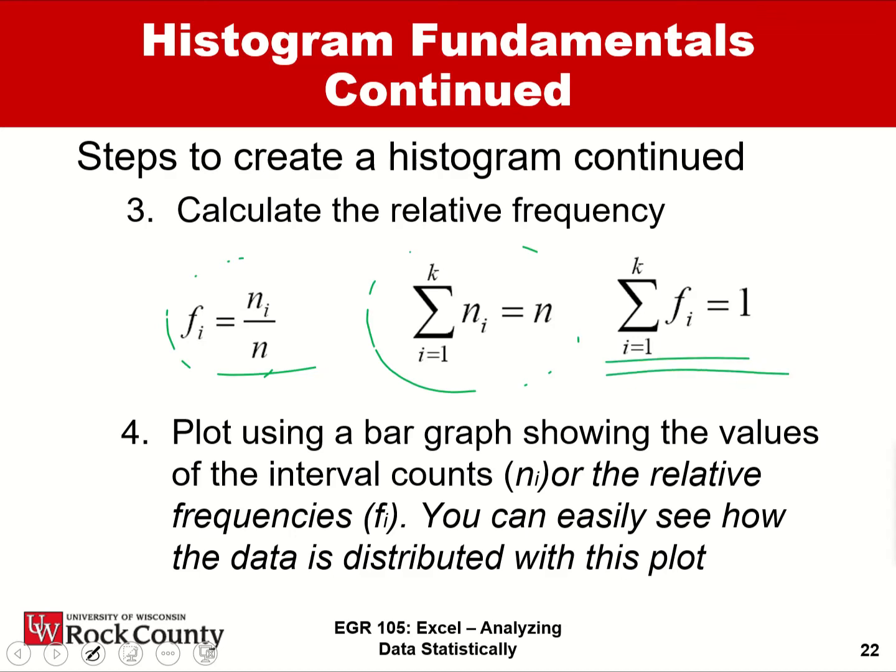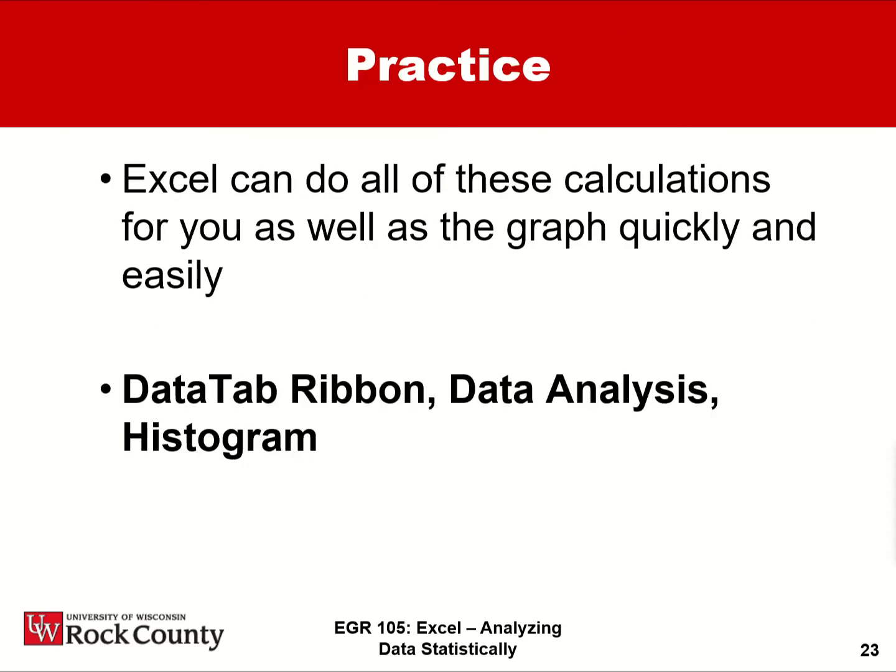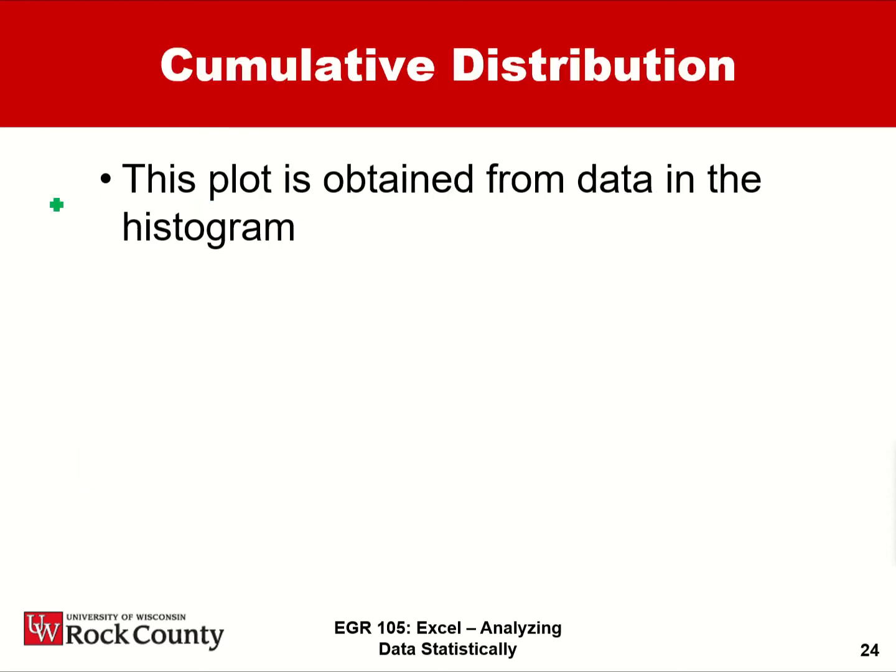So that's the frequency of it. We can plot this on our graph, and it shows each of the intervals, the data that we have in each of those bins. Okay, so in Excel we can do this rather easily. Again, going to the data analysis tab, and we can select histogram. Okay, I'm going to do this at the same time.